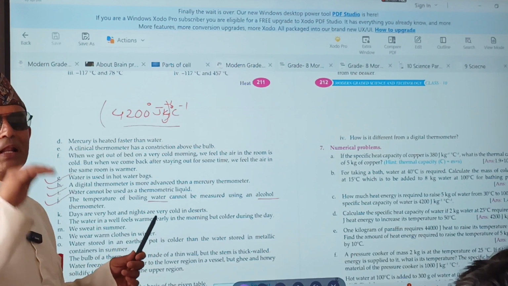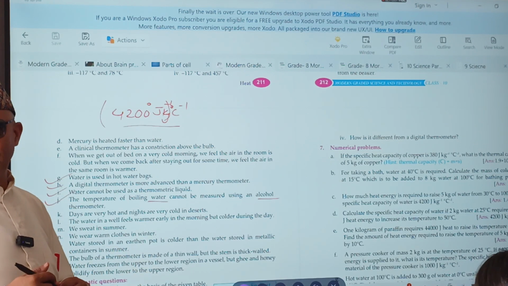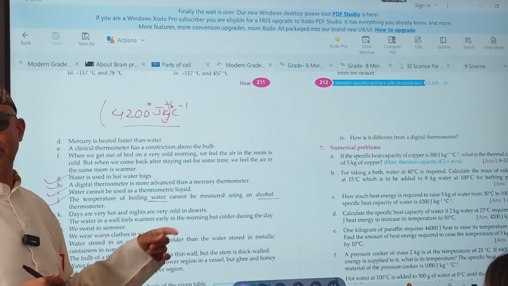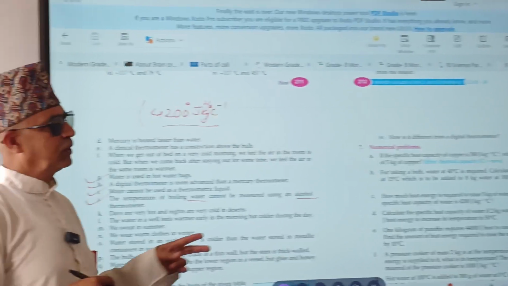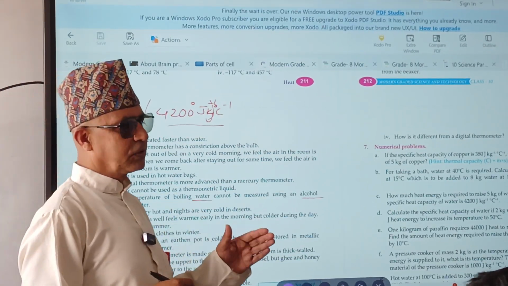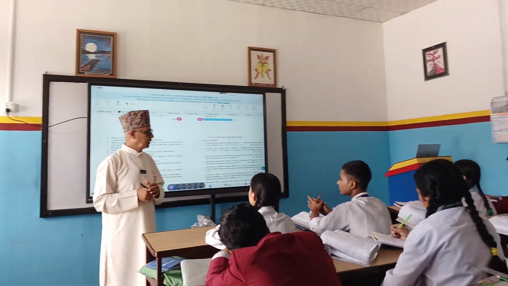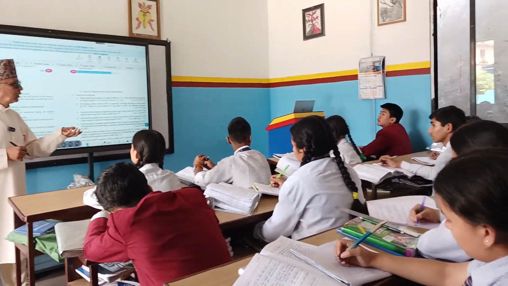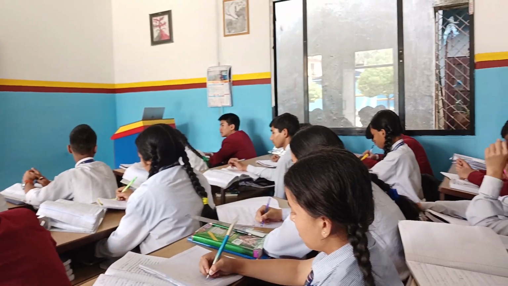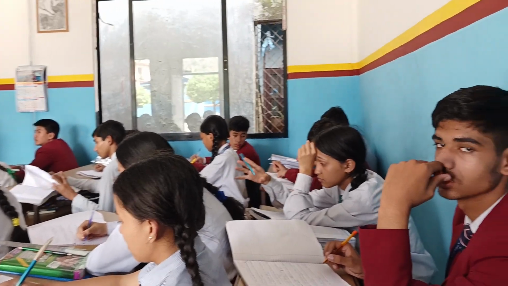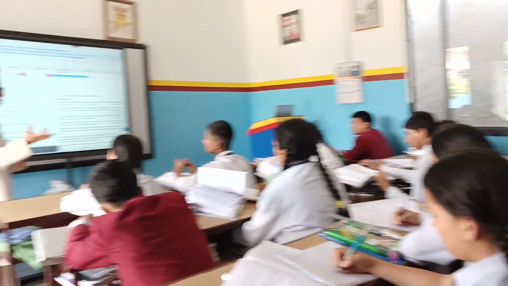So, due to the lower boiling point of alcohol, we cannot measure the boiling point of water. Before measuring the temperature, it changes into vapor, then how to measure?